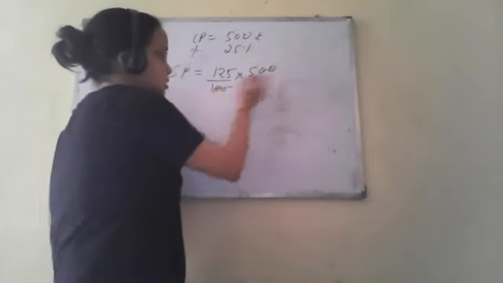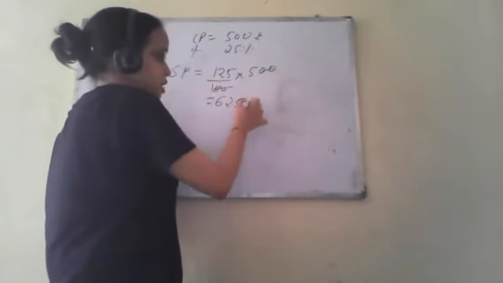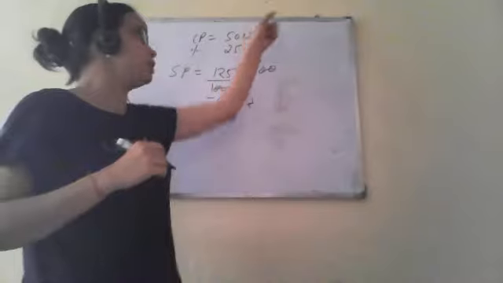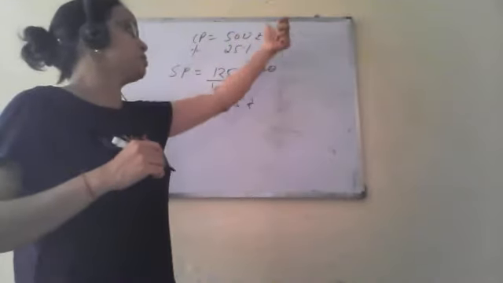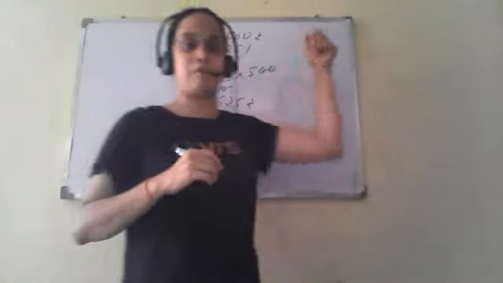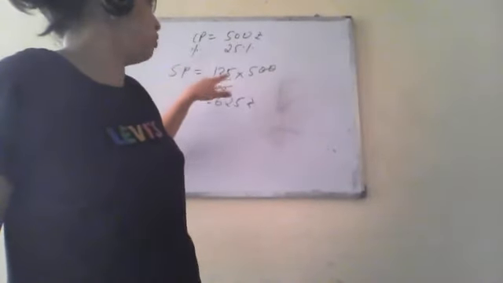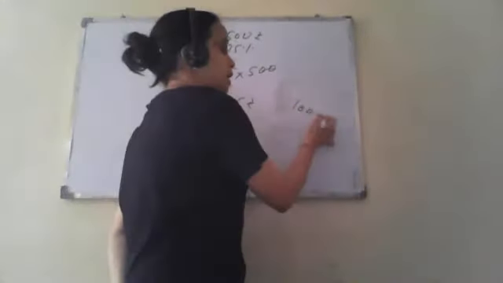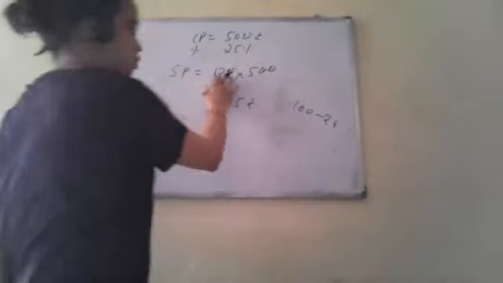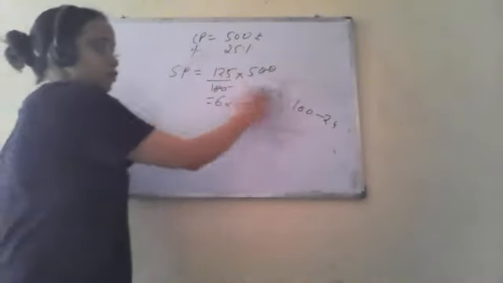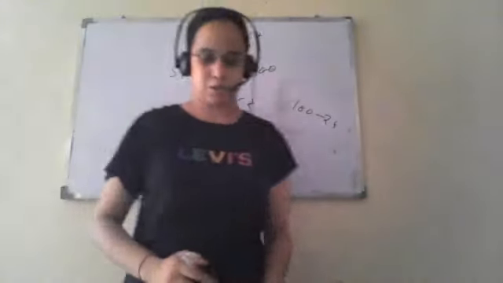It comes out to be 625. So you can calculate directly. You need not write that selling price is cost price plus 25% of 500. If it had been a loss, it would be 100 minus 25, that is, in place of 125 it would have been 75. So, clear with this concept?